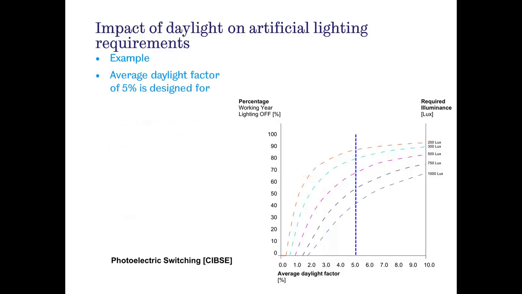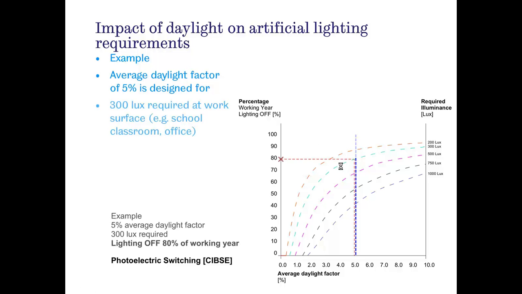Right, let's look at another example. If you can manage to design for a daylight factor of 5%, and again, you're aiming for this 300 lux, that lighting can be switched off 80% of the year. So, by improving your daylight design, you're switching that electric lighting off 80% of the year.